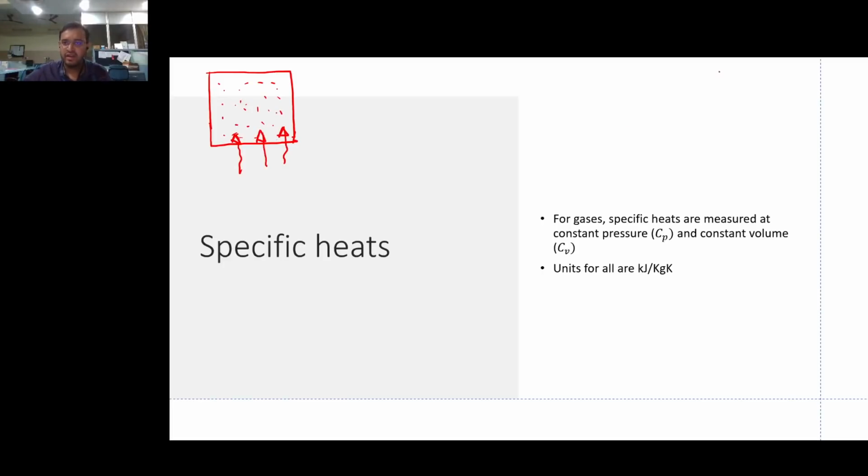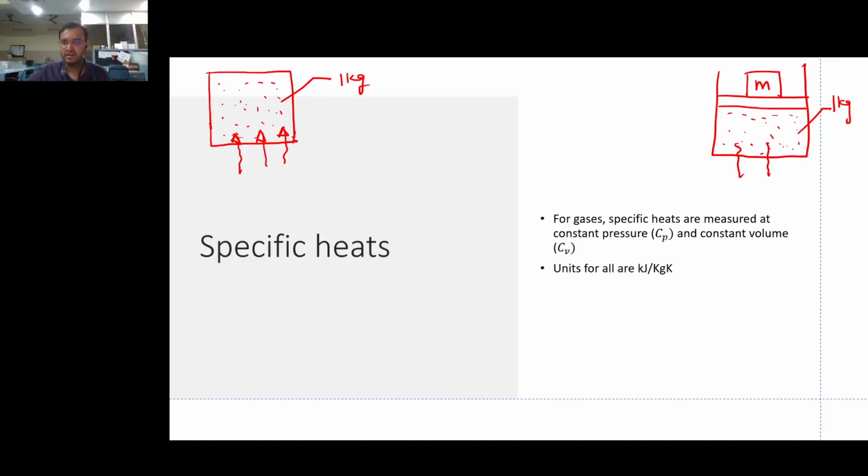And again you have your piston cylinder mechanism, where you have a piston fitted into a cylinder and a known mass exerting a constant pressure, with the same gas. This is again 1 kg of gas, and again you're heating this gas up as well.